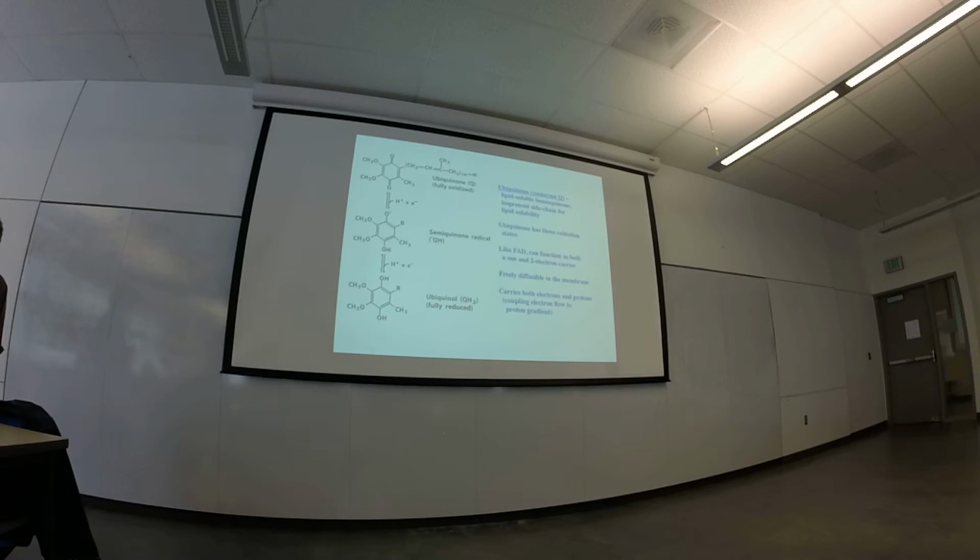Right? So it's got some rigidity to it because of the double bond. It's also got some floppiness to it, so it's a complicated flexibility issue. But the idea, of course, is that this keeps it in the membrane. Right? So it's lipid soluble, and it's also freely diffusible in the membrane.